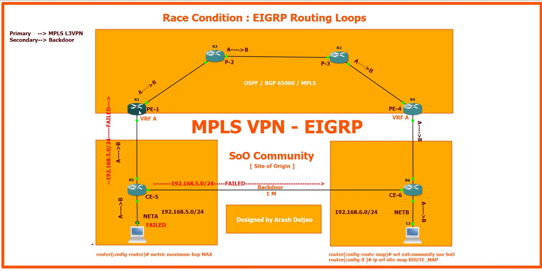Also, because R1 advertised this update to R4, R1 needs to send this withdrawn message to R4, and because of that, R4 can understand that this link failed. Look at here, from the MPLS VPN backbone, we need to send this failed message to R4, and because of that, R4 can understand that this network is not available.